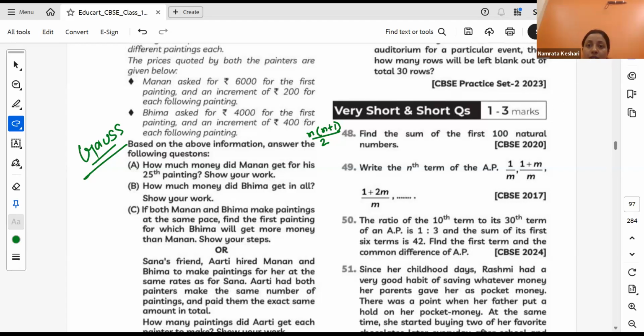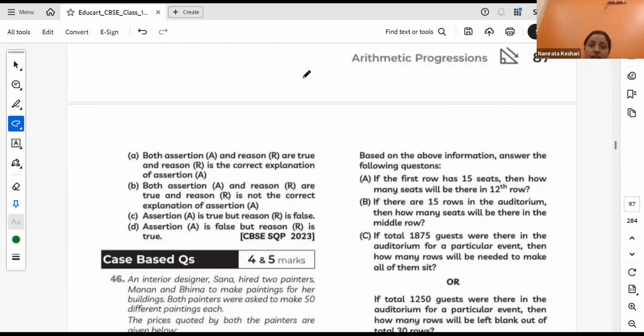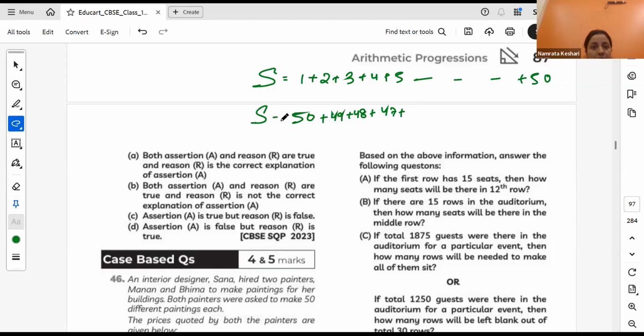Then he started doing the addition like 1 plus 2 plus 3 plus 4 plus 5 dot dot dot plus 50, and then he reversed the sequence and wrote the same thing as 50 plus 49 plus 48 plus 47, because it's addition, so reversing the order doesn't matter, till 1.